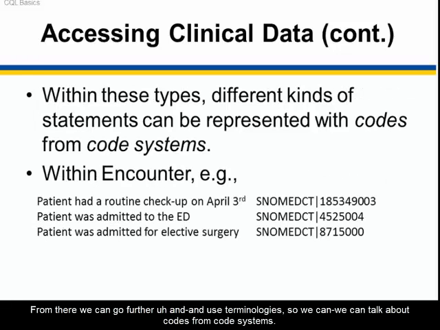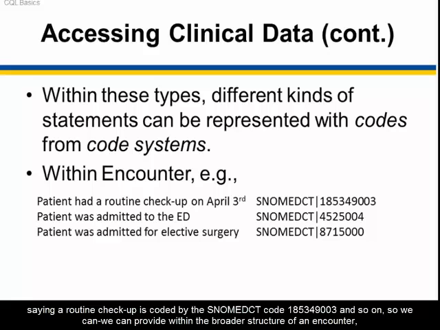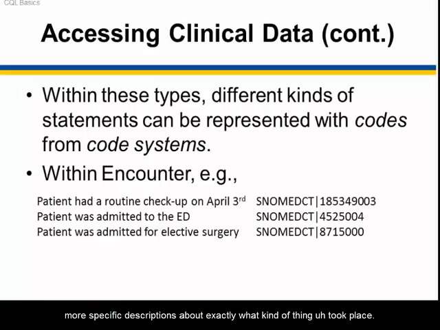So we can talk about codes from code systems. We can say that within the broader category of encounter statements, we can say specific types of things by saying a routine checkup is coded by the SNOMED CT code 185349003, and so on. So we can provide within the broader structure of an encounter more specific descriptions about exactly what kind of thing took place.